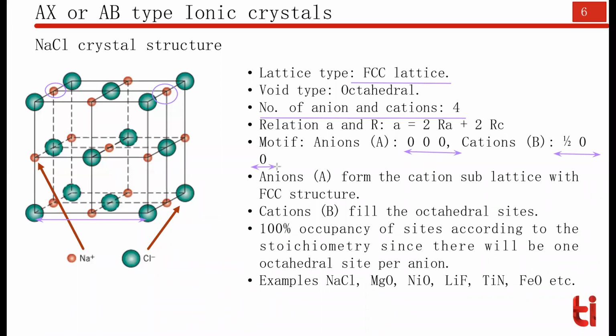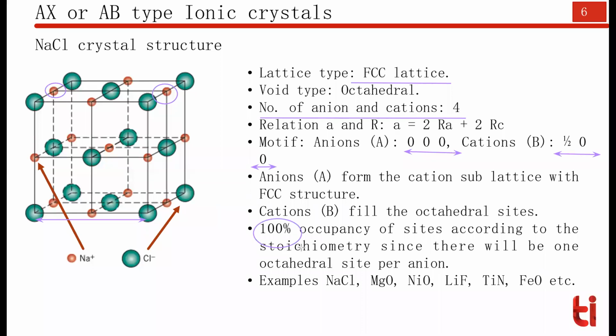If you talk about the occupancies, all regular lattice sites are occupied by Cl-, and all octahedral voids are occupied by Na+. So your occupancy is again 100% here because no site is kept vacant.